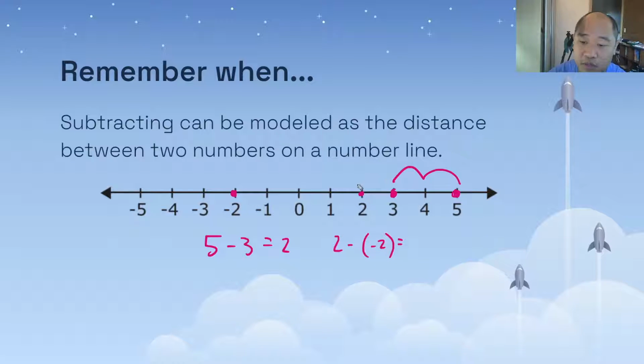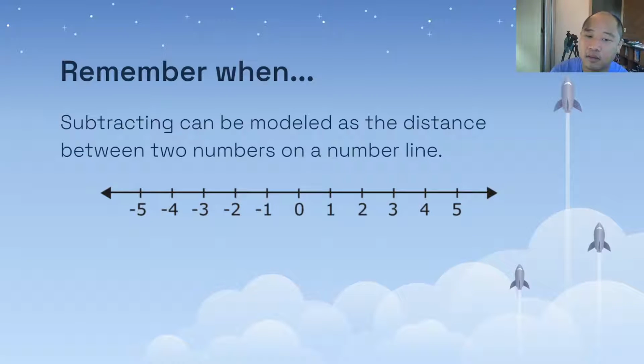The distance between them, 1, 2, 3, 4. That's one way you can think about subtracting numbers, although that doesn't always work. It's more a thing that you can use if you're subtracting a bigger number from a smaller number.